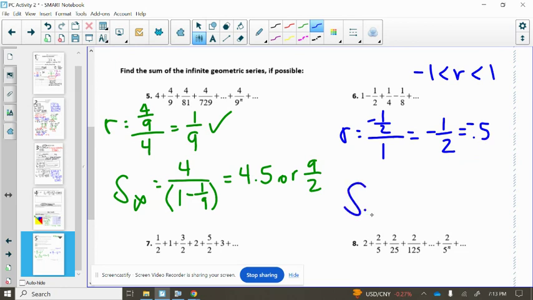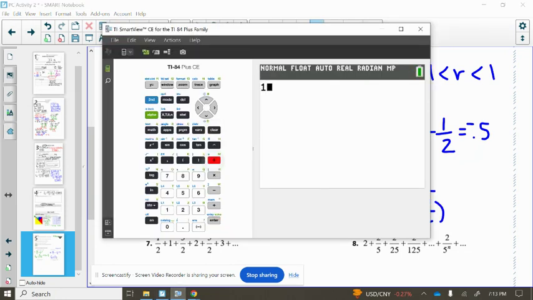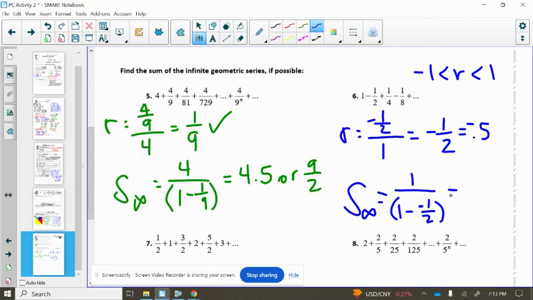So to find the sum, we take our first term divided by 1 minus that r value of -1/2. So 1 divided by 1 minus -1/2 is 0.6 repeating, or 2/3 would be our sum.